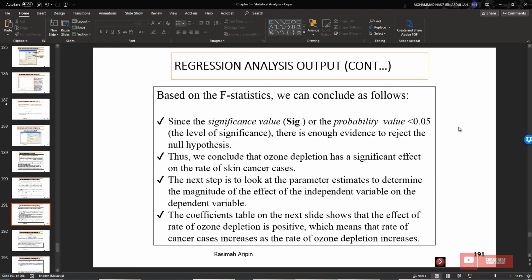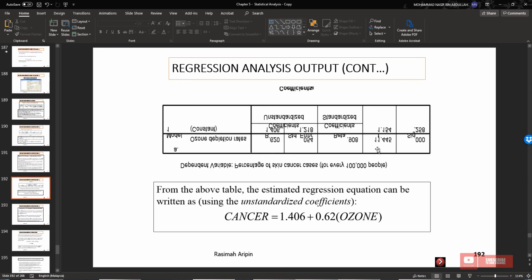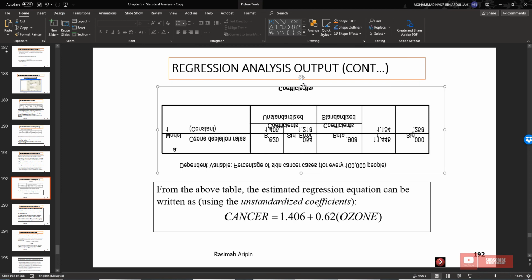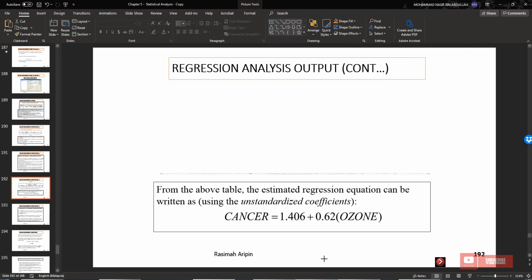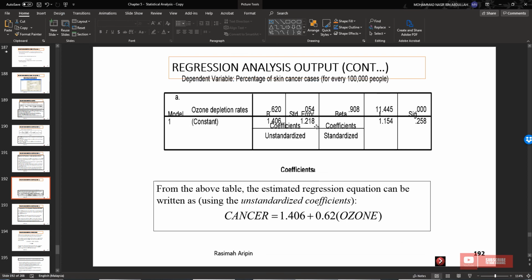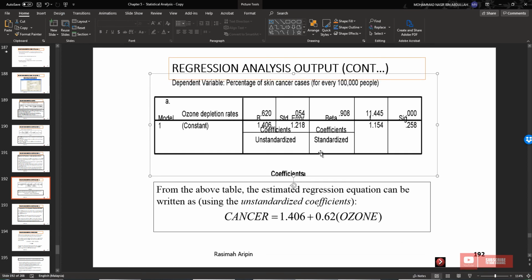Then we are going to look into the coefficient table. If you are using SPSS, the coefficient table will give you the values. It looks inverted here; the constant should be upstairs, at the top. Down here is the ozone depletion rate.